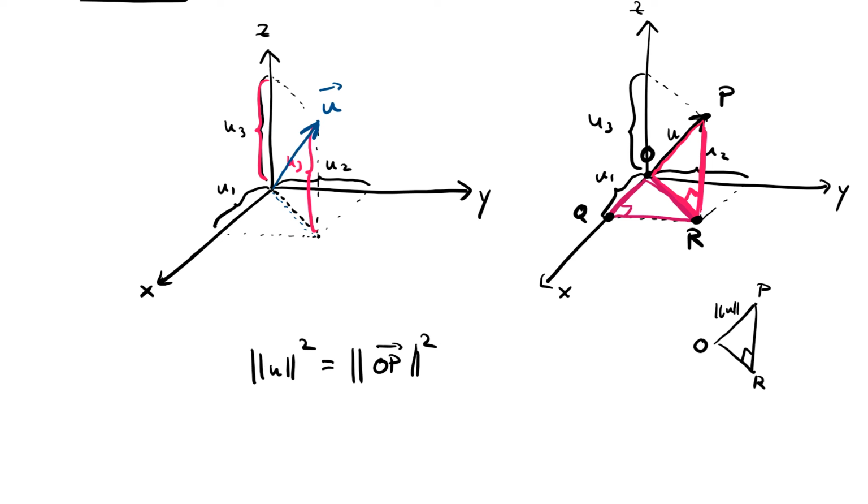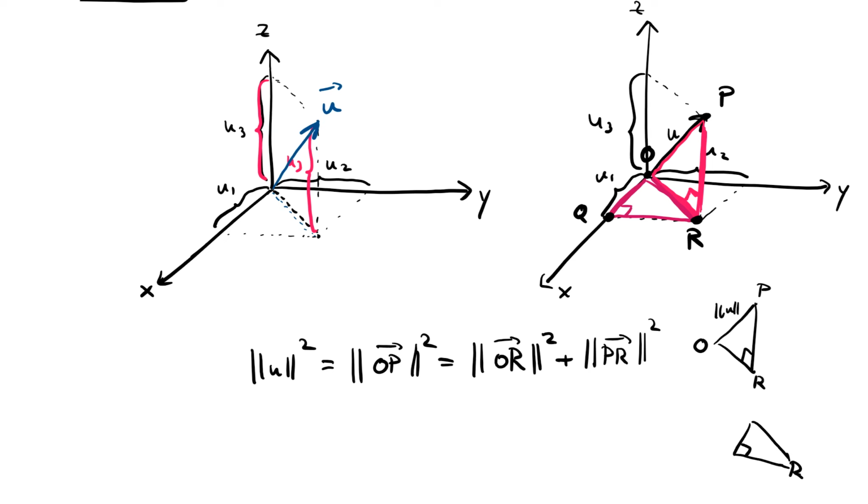Now norm of OP squared, that's the sum of OR squared and PR squared. So those are all vectors, right? So that's the Pythagorean theorem on the red triangle. Okay, now OR is also part of the other triangle. So let me draw it here. The other triangle is like that.